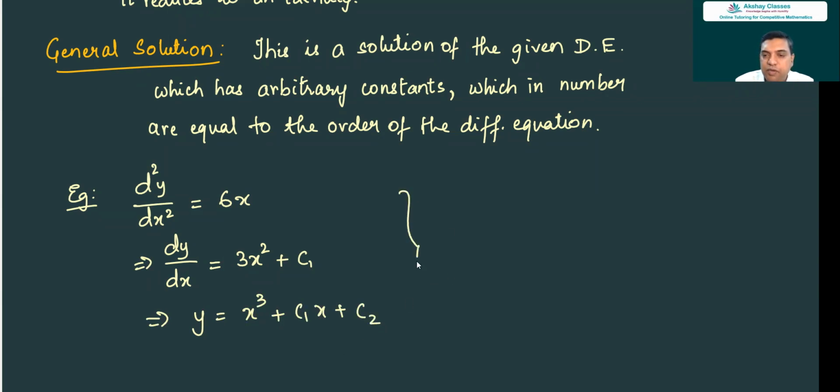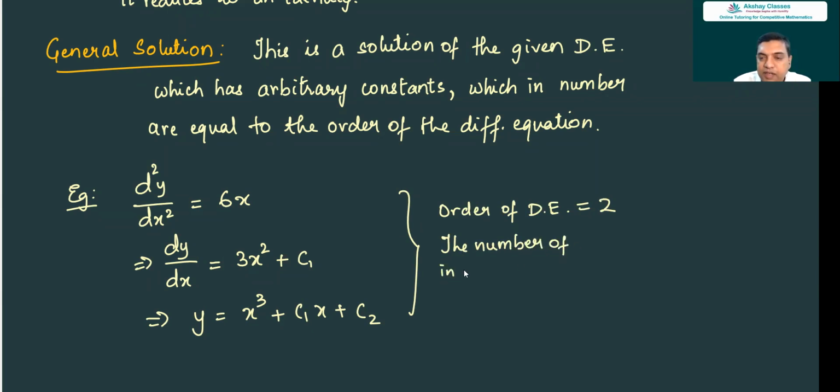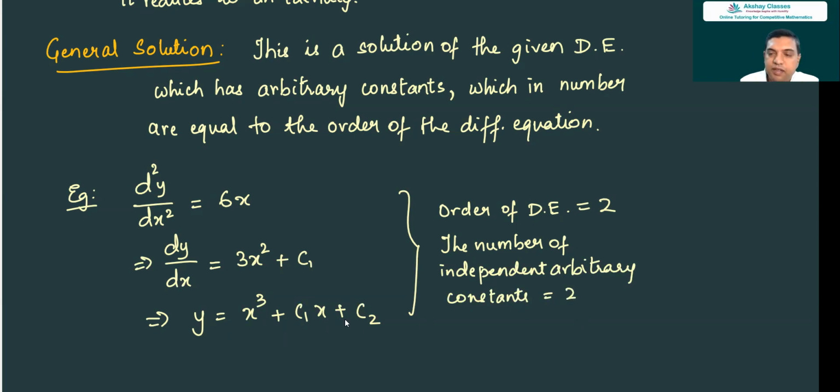So here you observe the order of the differential equation is equal to 2, and the number of arbitrary constants in the solution is also equal to 2. The solution should have arbitrary constants equal in number to the order of the differential equation.